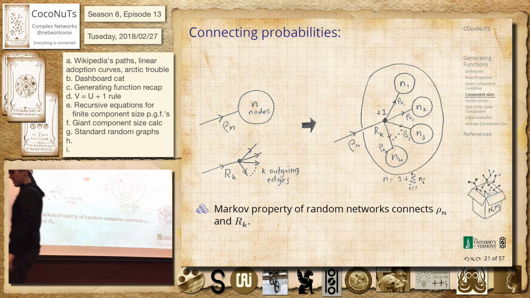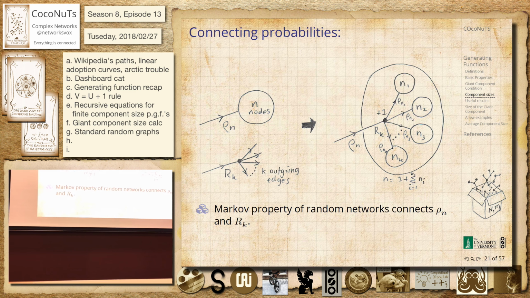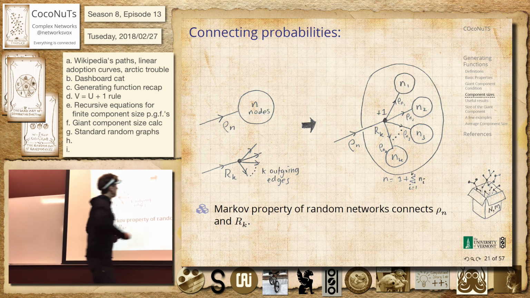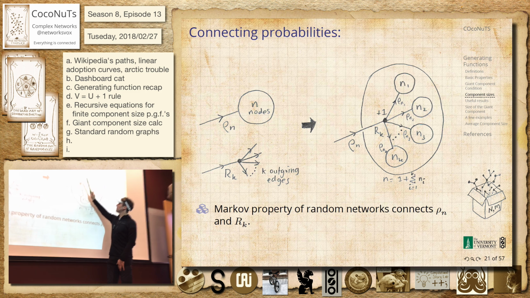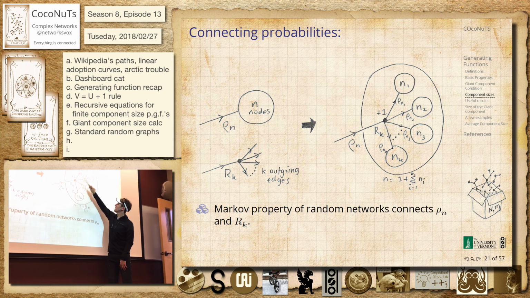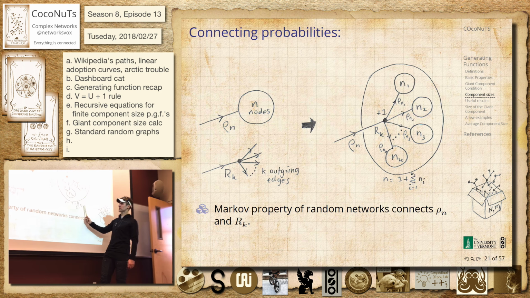So we have a probability that we're reaching a component of size n. We have this piece in here, which is the probability that the node has k other friends, and then we add up all those subcomponents, so it's 1 plus the sum.